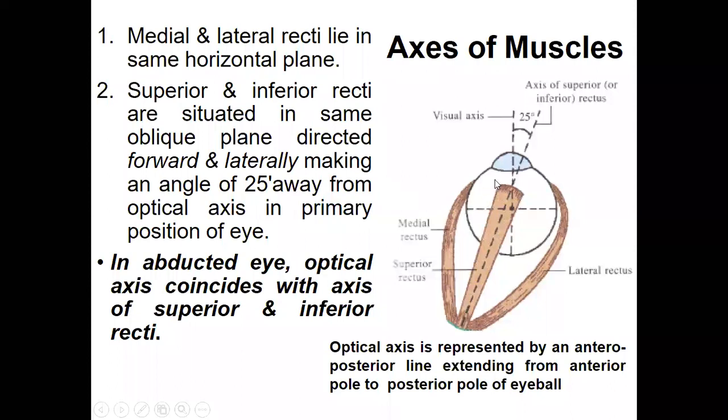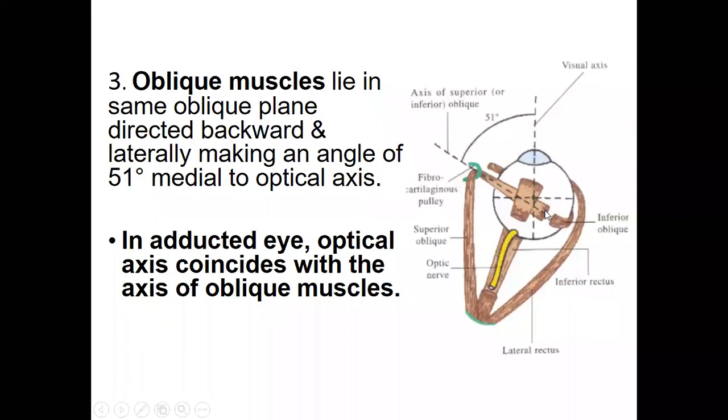So the oblique muscles, this one is superior oblique and this one is inferior oblique muscle, lie in the same oblique plane. So their direction is backward and laterally, making an angle of 51 degrees medial to the visual axis.